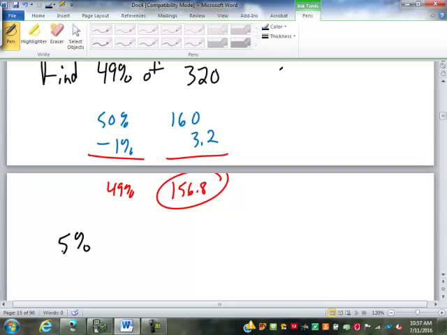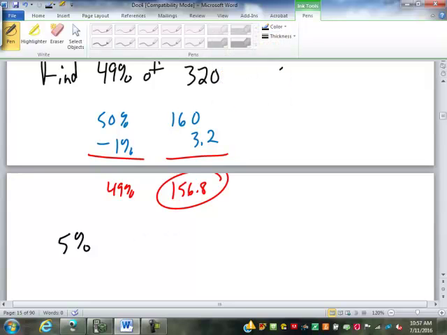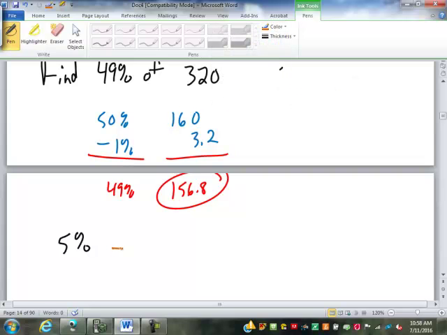5%. Not near as tricky as most people think to find. 5% can be thought of in one of two ways. It can be thought of as 10% of 50%, or in other words, 1/10 of half.